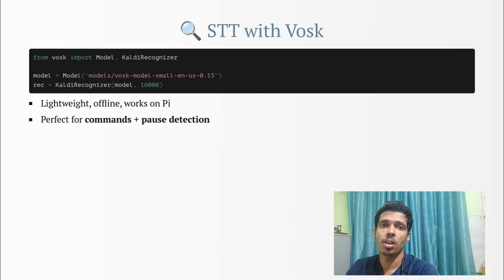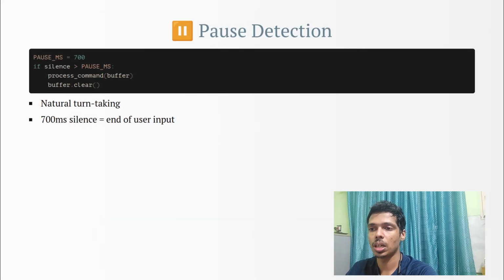Once the pause is detected, we have given an interval of 700 milliseconds. So 700 milliseconds of pause is said to be the end of user input. Whenever the end of user input is met, you can just say, okay, this is my final input, and take the action based on the text given.